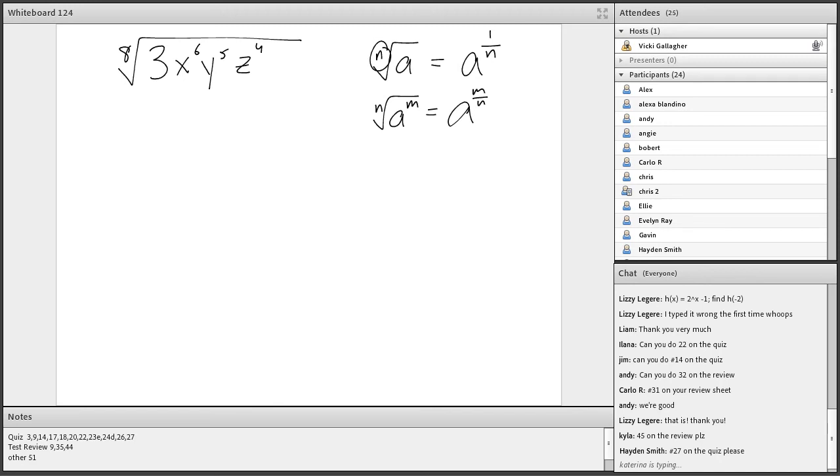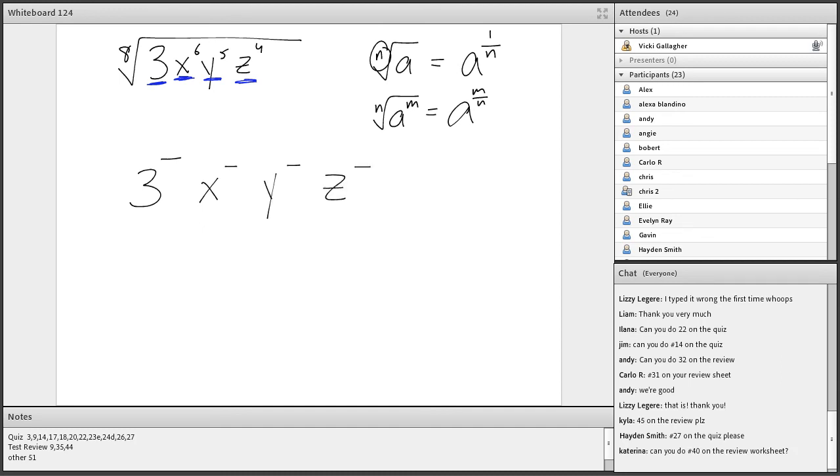Now, because there's multiple things underneath the radical symbol, everything underneath the radical symbol is going to get a fractional exponent. The 3, the x, the y, and the z. So it's very important that we give that fraction to all of the things, everything individually.